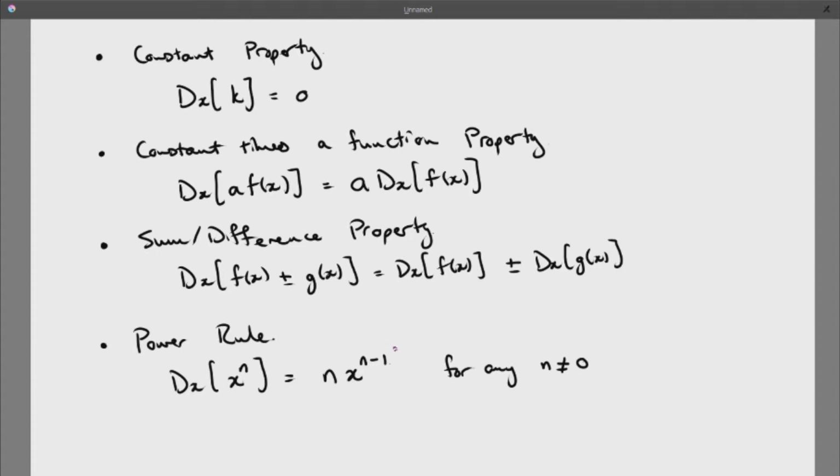And we have some problems in 5.2 that we can use this power rule in combination with the support properties. But really at this stage I am quite restricted. Yes, I can do a fair bit, but not everything. There's some more properties.